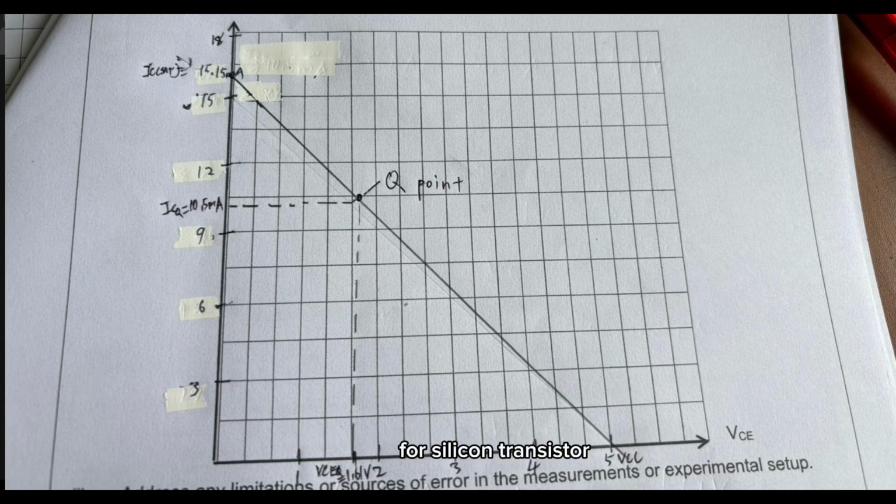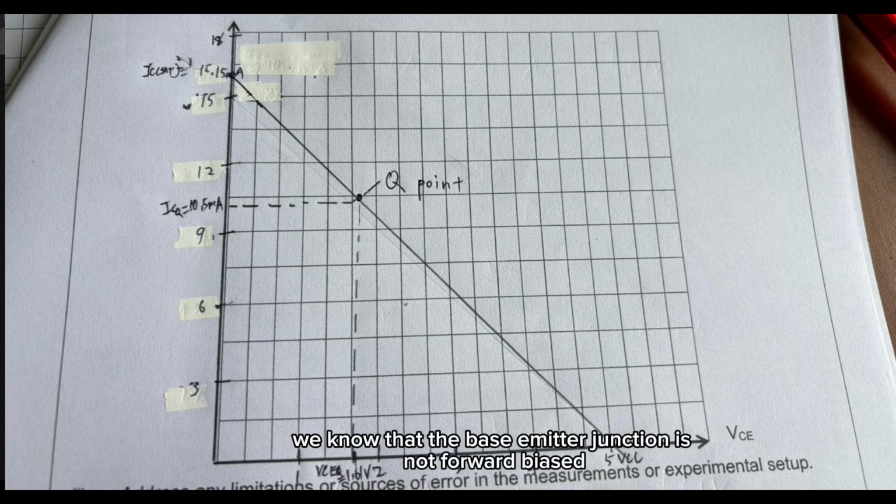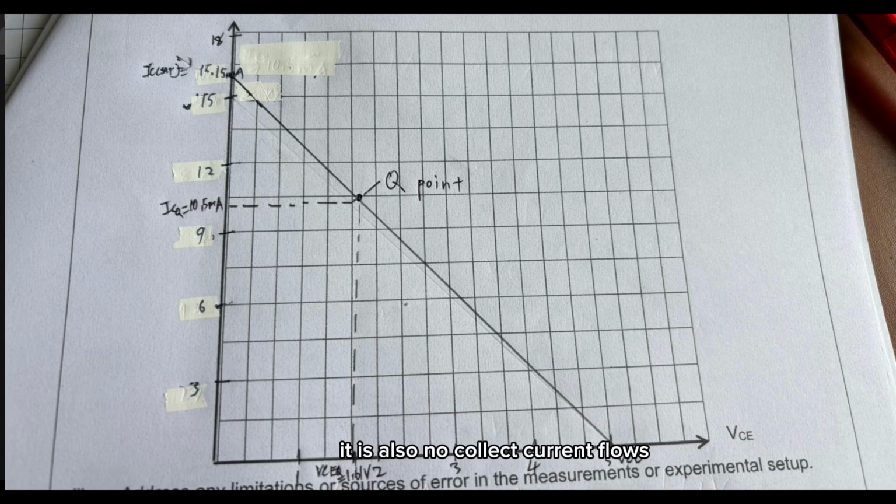For a silicon transistor, VBE cutoff is less than 0.7 volt. If VBE is less than 0.7 volt, we know that the base-emitter junction is not forward biased, so no collector current flows.